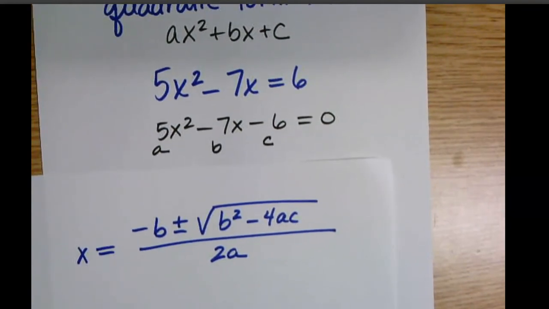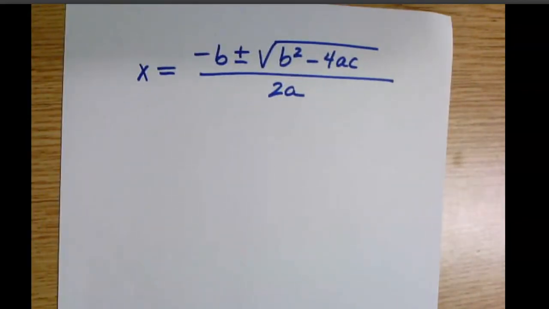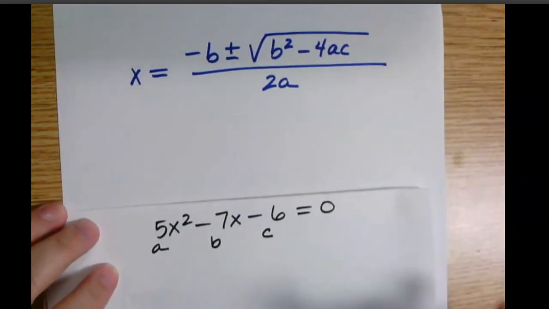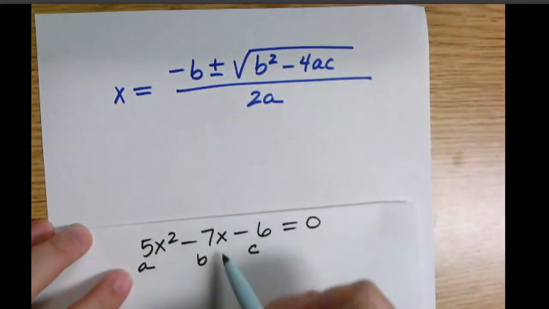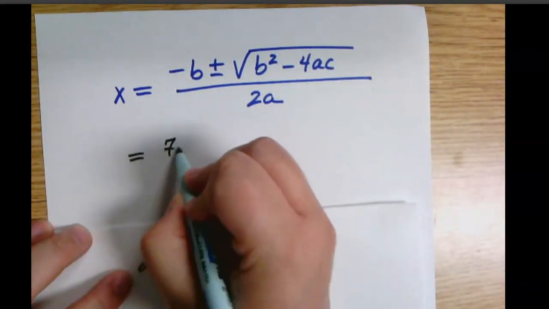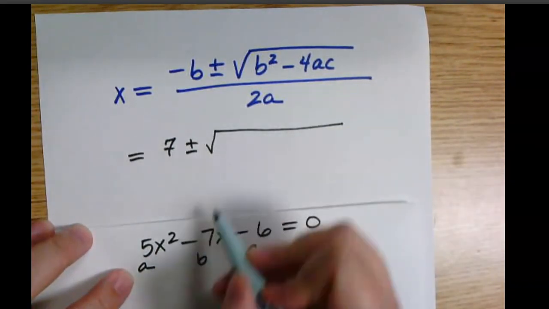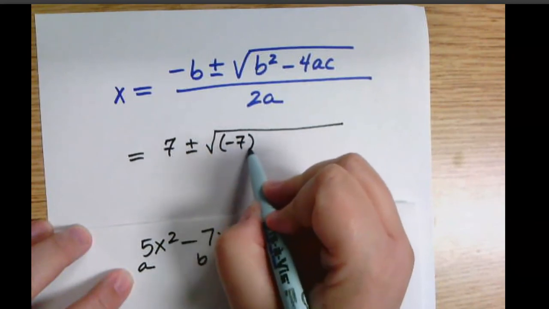And so every single time I use it, the first thing I do is write everything in the quadratic formula without doing any simplifying whatsoever. In other words, opposite of B. Well, B was -7, so now it's +7. Plus or minus square root -7 squared.